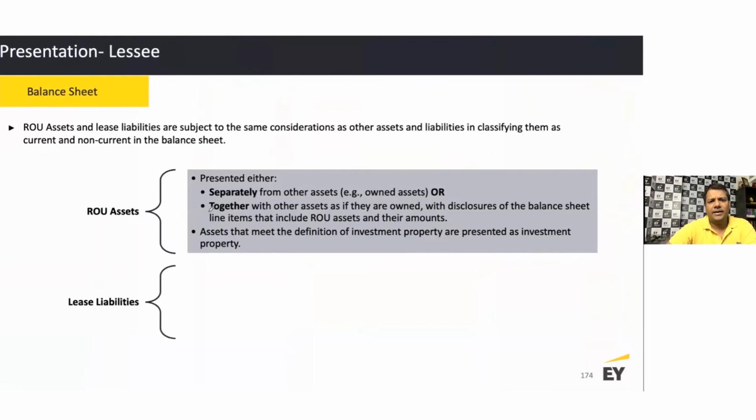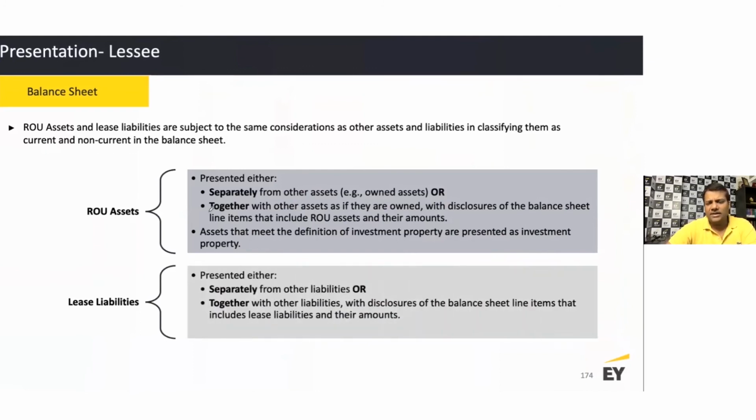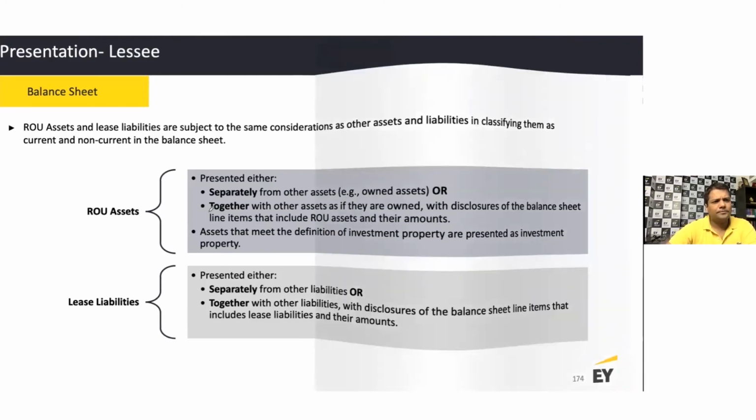And if there are investment properties, then you present them as investment property. Lease liabilities are presented separately from other liabilities or together with other liabilities with disclosure in the balance sheet line item. So either you can make changes on the face of the balance sheet, or you can make this part of a schedule, as part of disclosure. So you have to separately disclose what your ROU asset is, what your liability is, and so on and so forth.